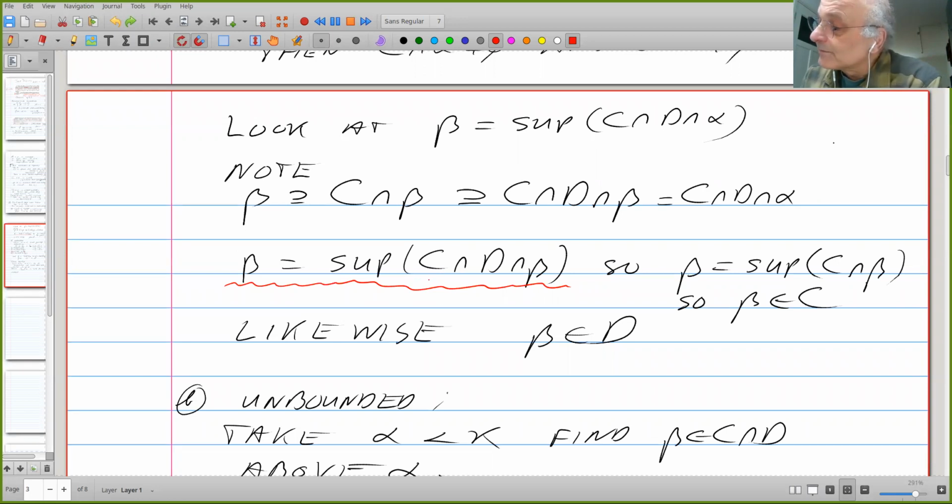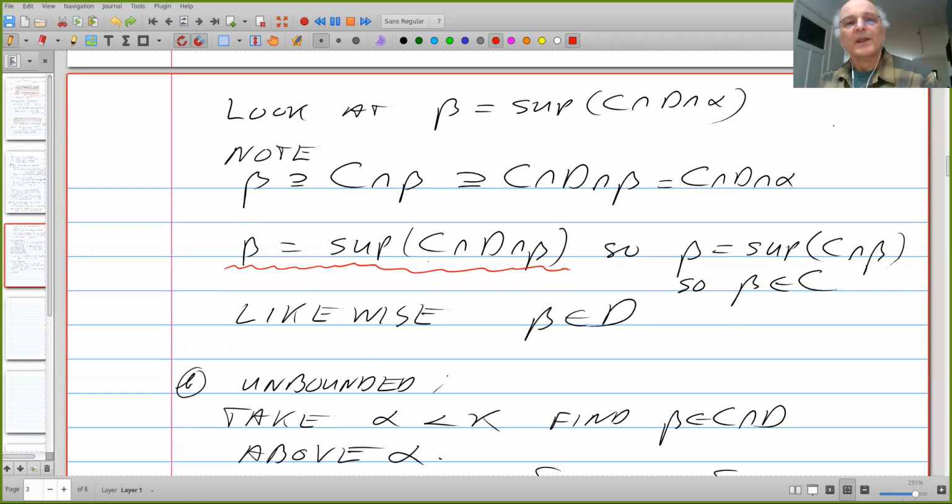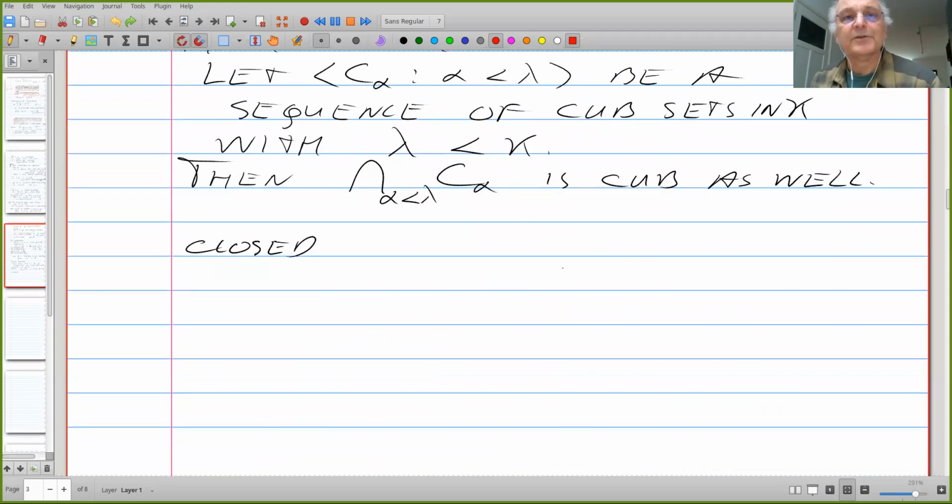Now, replace C intersect D with the intersection of the family that we're talking about. So beta is the supremum of the intersection of beta and the intersection of all those C alphas. Then you prove in exactly the same way that beta is the supremum of C alpha intersect beta for each individual alpha. Therefore, it belongs to each individual C alpha, and we're done. So I'm leaving that to you.